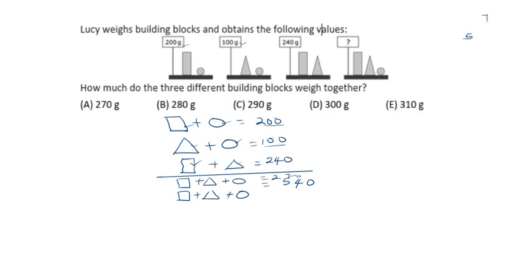And what they have asked us to do is to find this, so the answer to this is 270. The calculation we have only done is to add and divide. If you divide 540 by 2, we have 270. As simple as that.